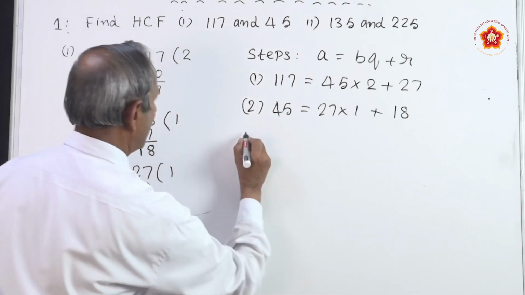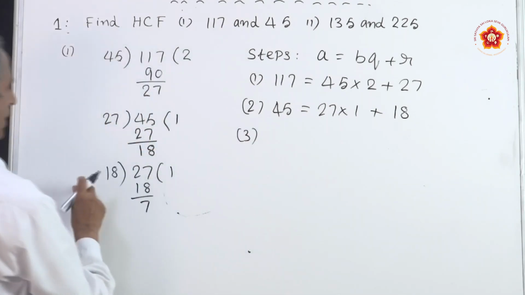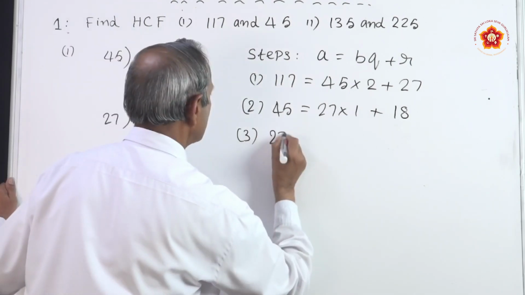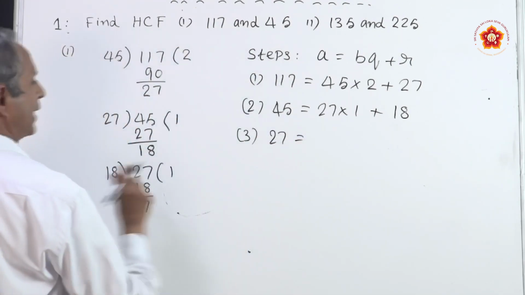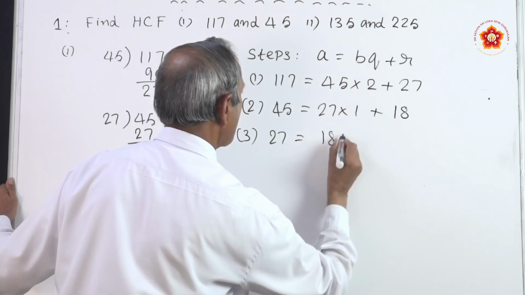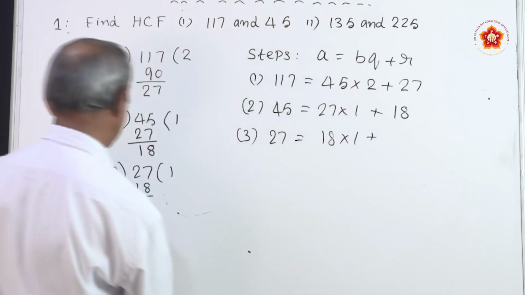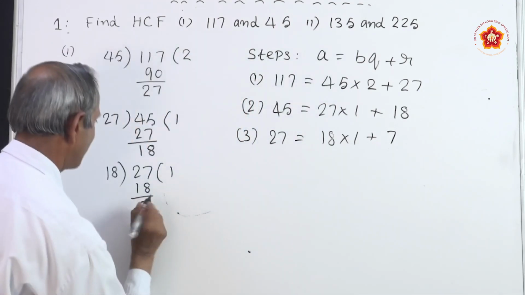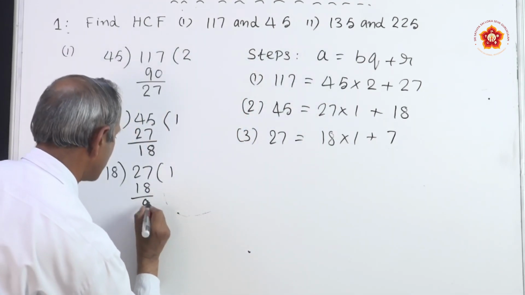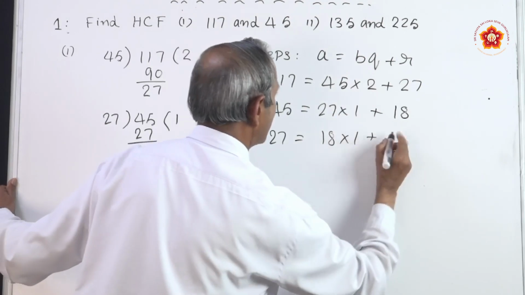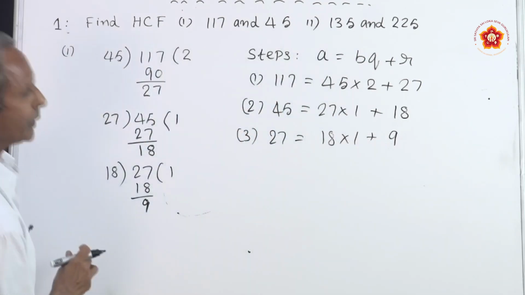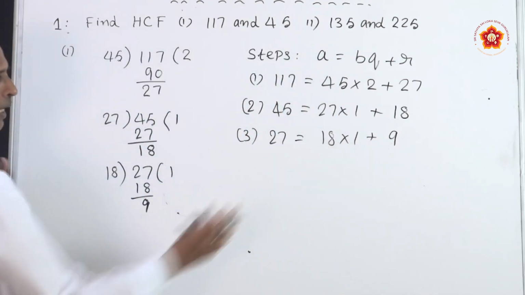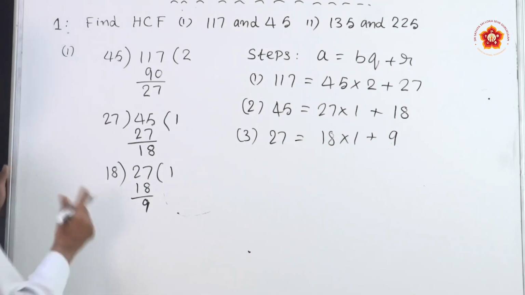Now let us write the third step. Here 27 equal to 18 into 1 plus remainder 9. The remainder is 9 here. Now you have to check whether the remainder is 0. No, not at all. So once again you have to proceed.